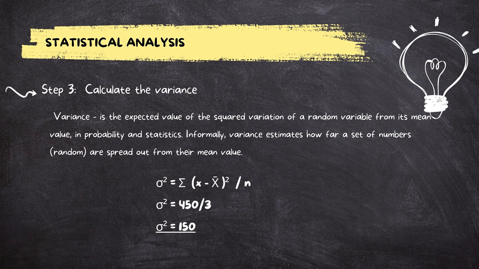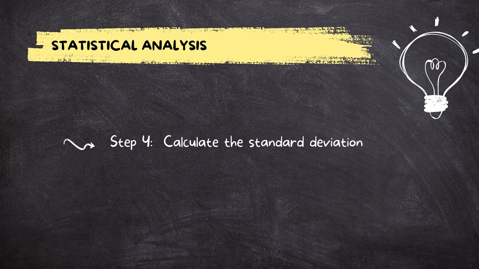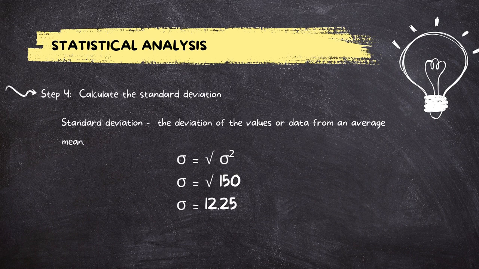And then with step 4, we calculate the standard deviation. Standard deviation is the deviation of the values or data from our average mean. We have standard deviation equals the square root of the variance, so standard deviation equals the square root of 150.